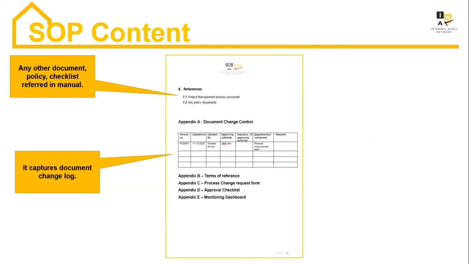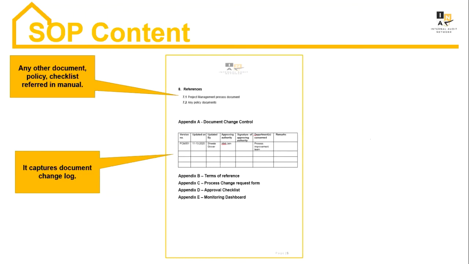So suppose I created the document on 11th of October, even if I'm making any changes a year later, that will remain 11 October 2020, and the changes will come in this table. If I'm making a change today, the updated date will come here only. Then updated by whom, approved by whom, the approving authority's signature, and departments involved.